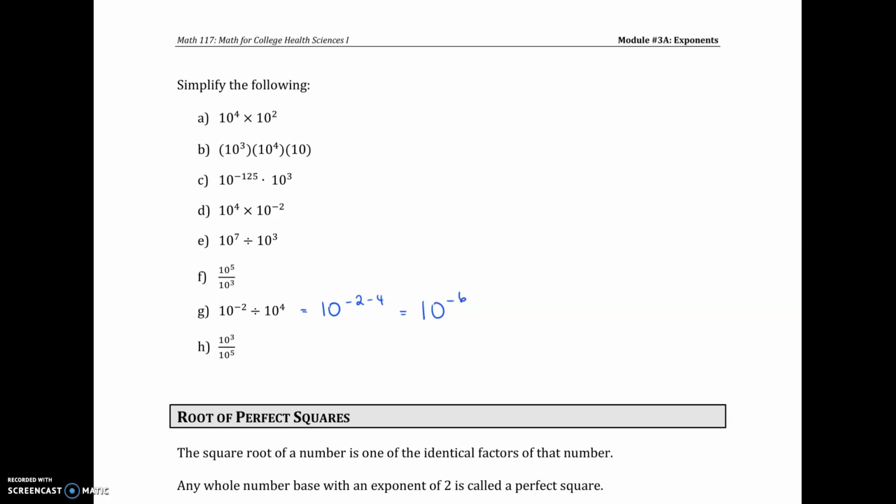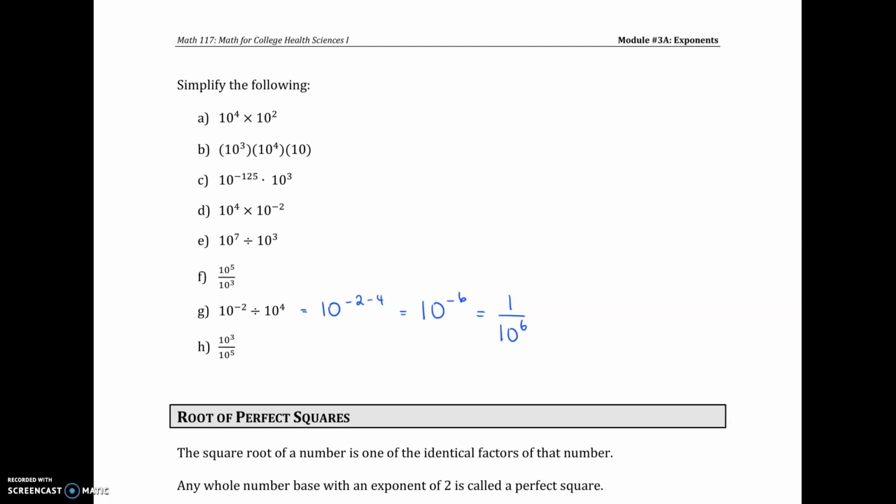And let's say an assessment question asked you to give all your answers with positive exponents. Let's practice that concept we just talked about earlier. How do I turn that into a positive exponent? Well, I'm going to flip its position. So 1 over 10, and now that exponent becomes positive.